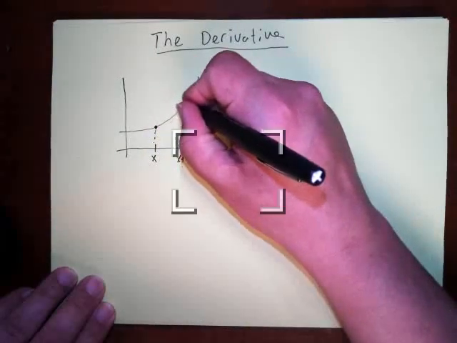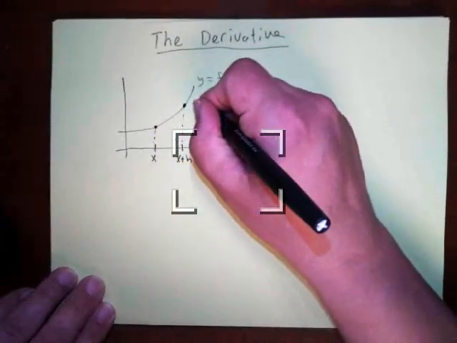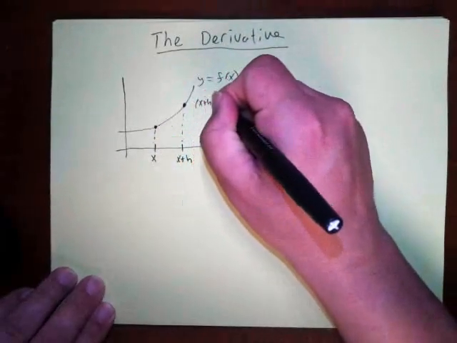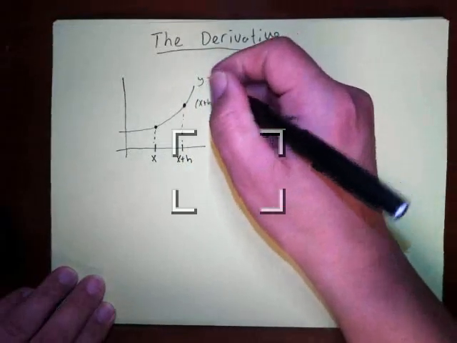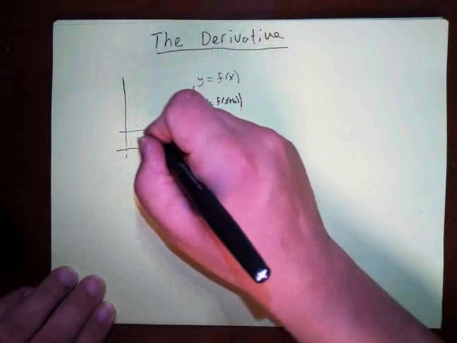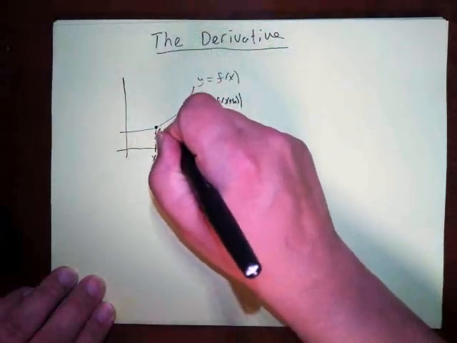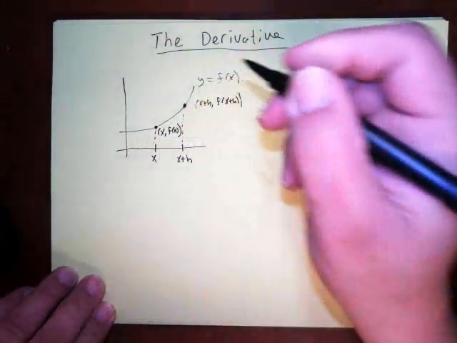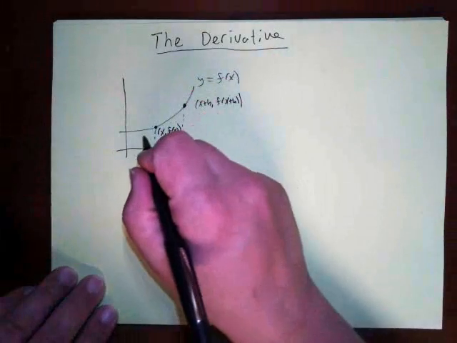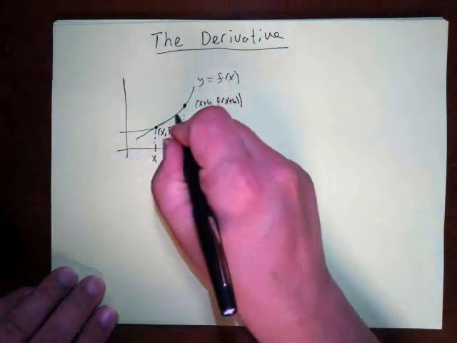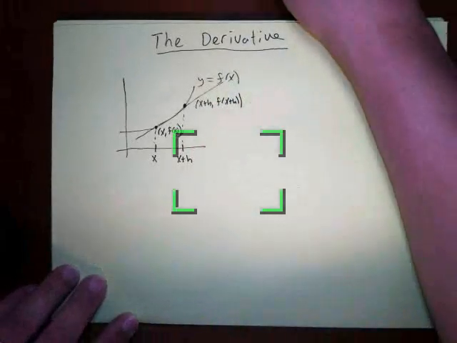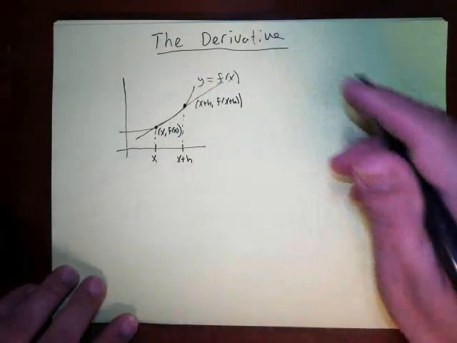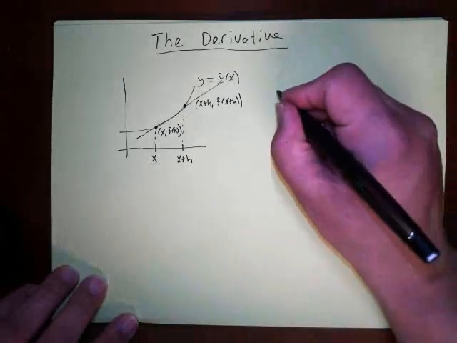There's these two ordered pairs, so this is x plus h, f of x plus h, and then this is x, f of x. Okay, then the slope of the line through those 2 points is the average rate of change of the function.